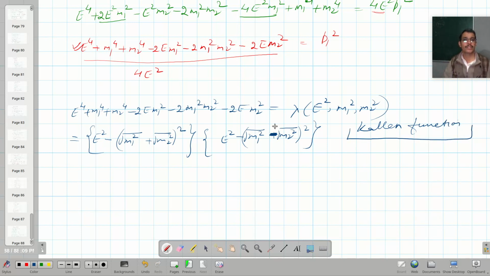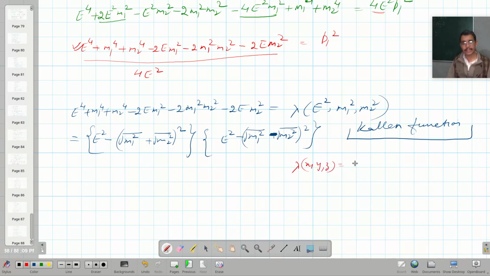Right, so using this I can write down this is equal to this one. So for this let me remind a formula, means what was the formula for the Callan function? That is lambda x y z.